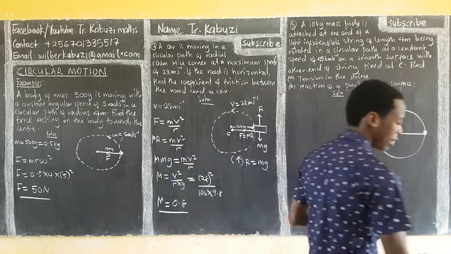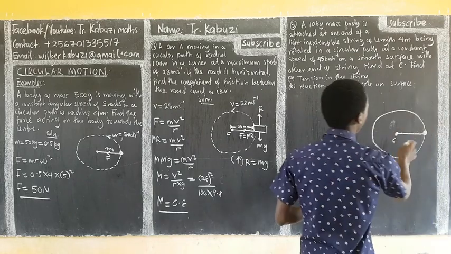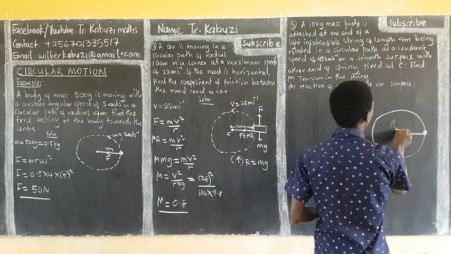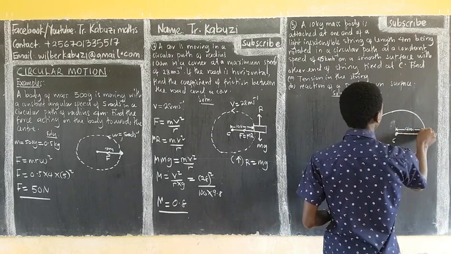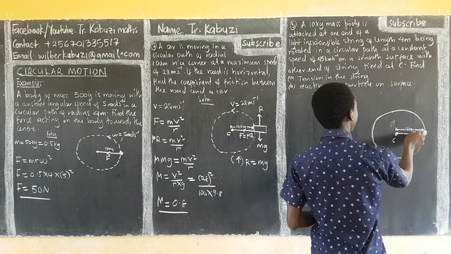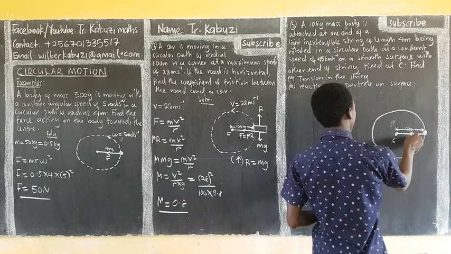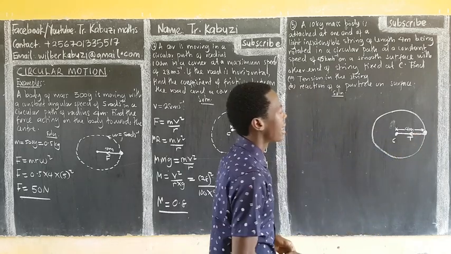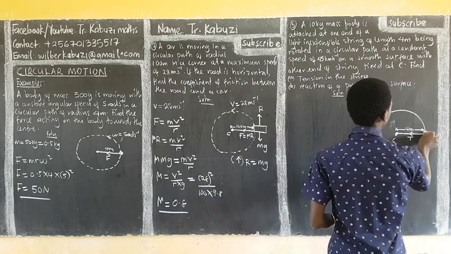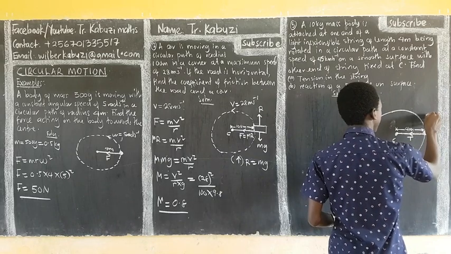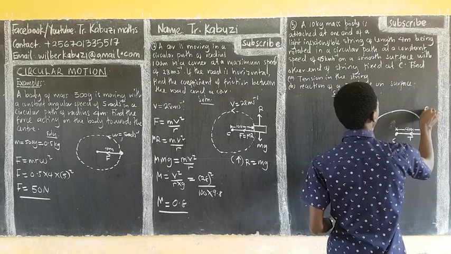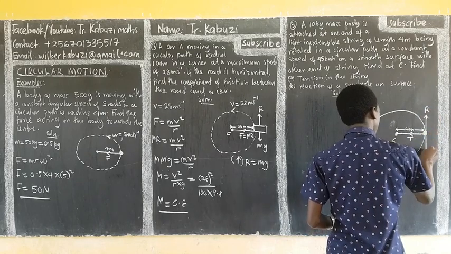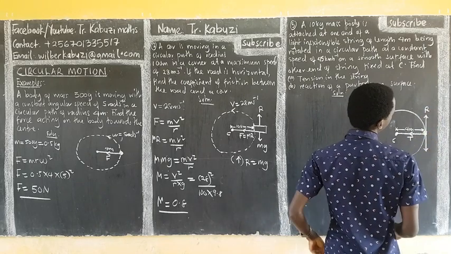So the radius, from here to here, is going to be the length of our string, which is 4 meters. But remember, it's the tension that is going to be pulling this towards the center. Now this particle, because it's resting on a smooth surface, is going to have a reaction because of the contact on the surface.